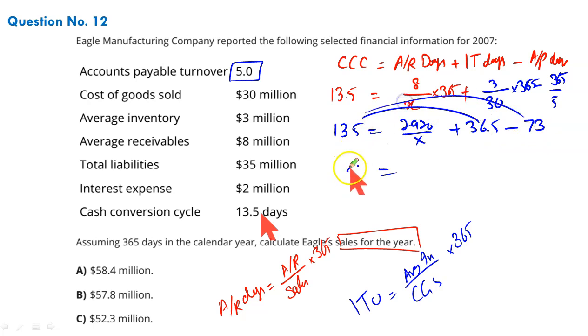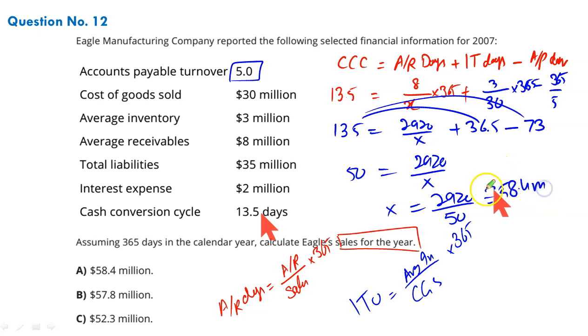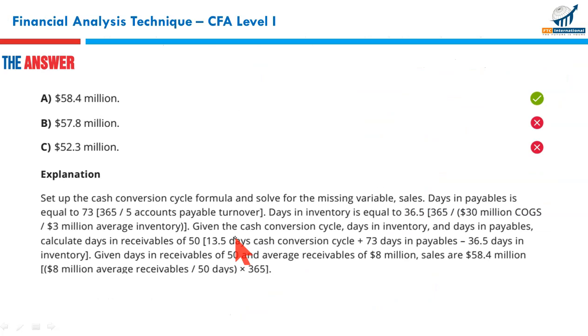So 2920 upon X is 50. That means X is equal to 2920 upon 50. That is 58.4 million. That was the missing number. This is the sales, and that makes A the correct option. And A it is, 58.4.